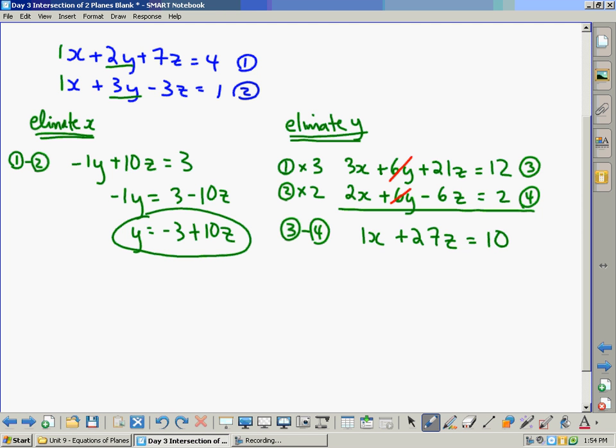I now have another equation with x and z, and I'm going to isolate for x. Oops, that'll be 10 minus 27z as it goes to the other side. I have now an equation with x equals.